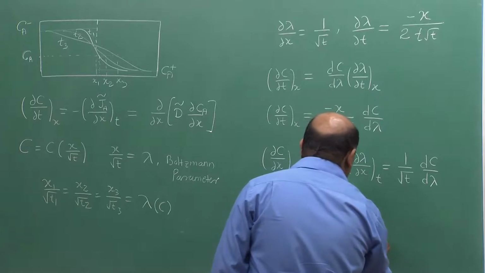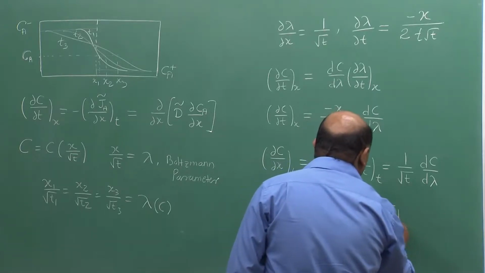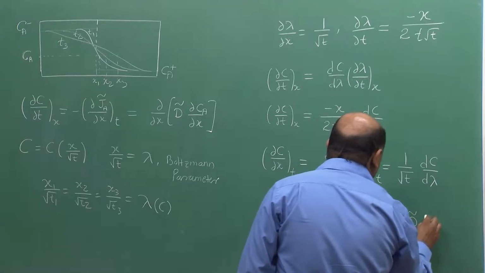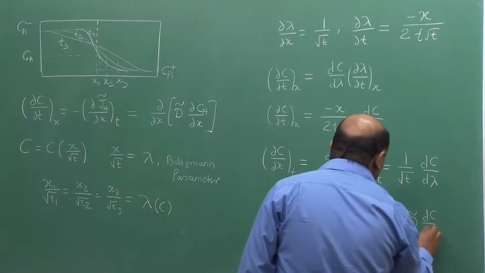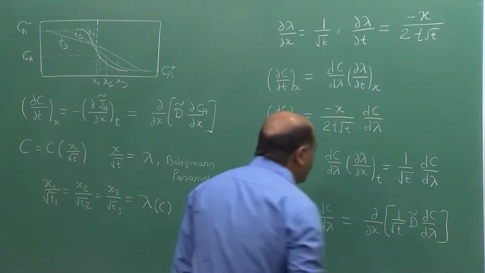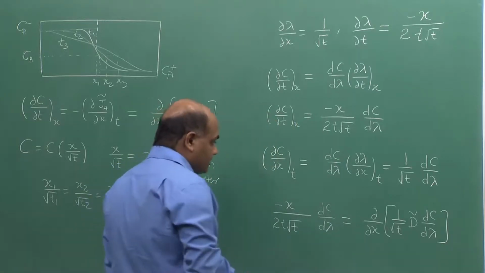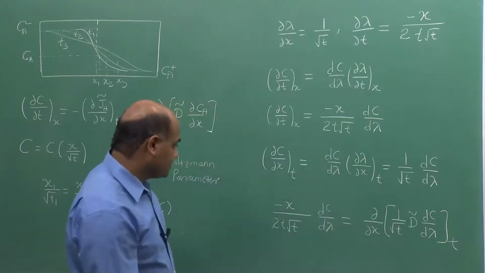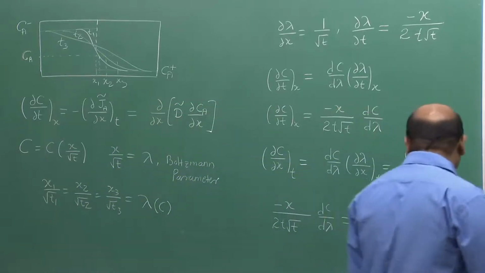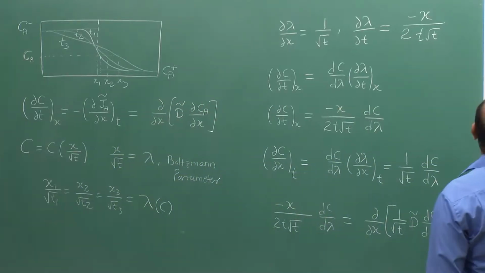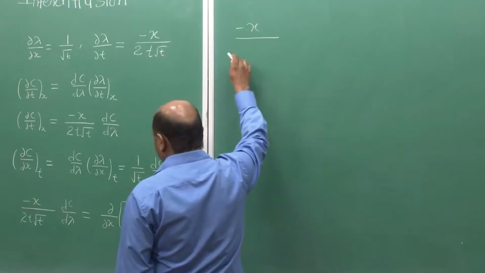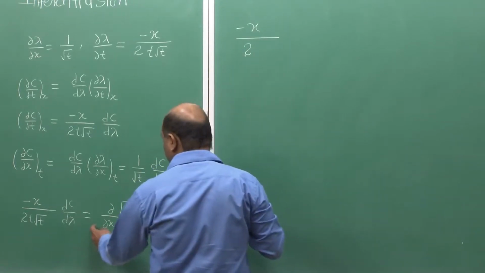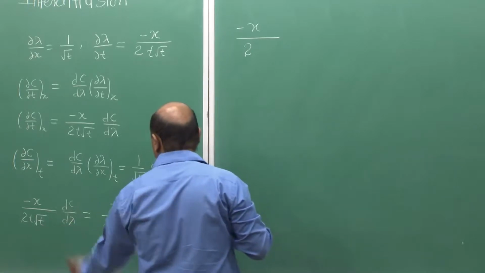∂/∂x of 1 over root t D tilde dC/dλ. Now, this is at constant t. So, we can take this 1 by root t outside, we get minus x over, and if we take 1 by root t outside, it will get cancelled.